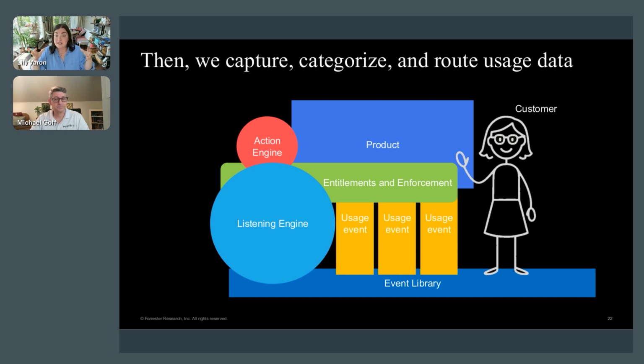And this is where things get muddy, because this is a lot of different systems underneath, that have varying event libraries that host specific triggers that we need to look out for, with a listening engine that listens for those events, and an action engine that then automates a process or executes a workflow based on that event that has happened and in the context of the use case, right?